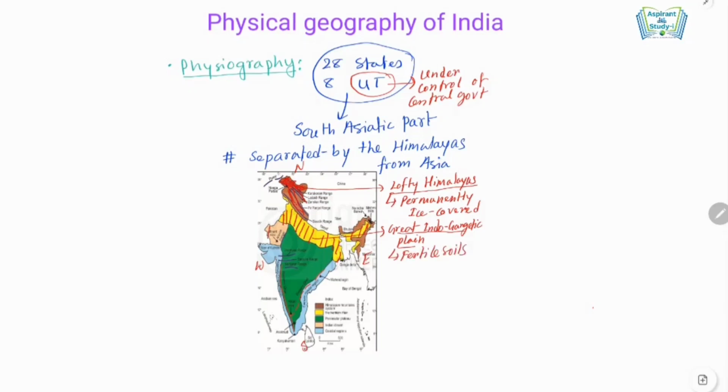The western part of the Great Indo-Gangetic Plain has the Thar Desert, and to the south of the Great Indo-Gangetic Plain is peninsular India, which comprises uneven plateaus.